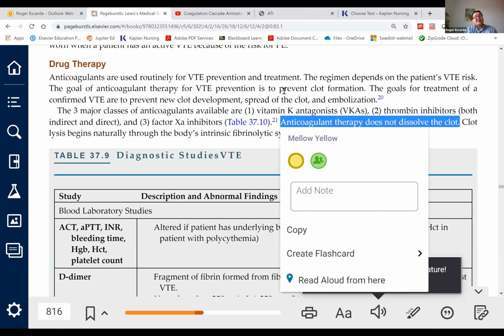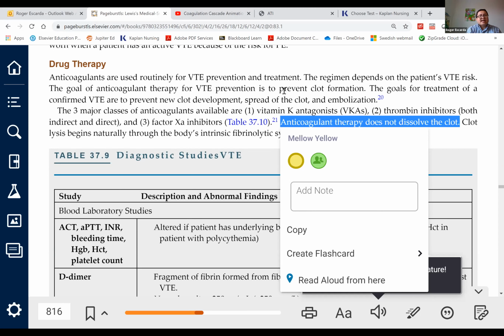So let's say you're having an ischemic stroke, for instance, or you have a massive pulmonary embolus. Those are the only times we use thrombolytics. The drug is called alteplase, which will dissolve the clot fast, in a matter of minutes. But for DVT prevention and treatment, we only use anticoagulants.